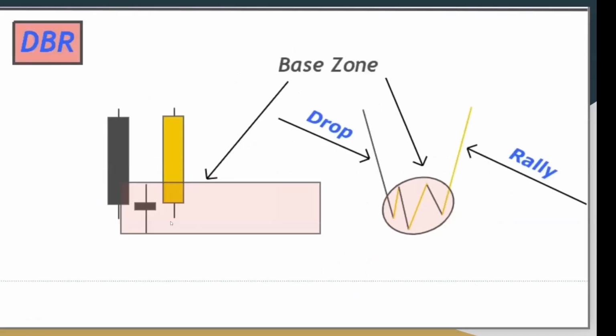And then there's two others. So then there's drop, base, rally. In this case, there is a rally. So we already know there is an imbalance for demand areas. Not every buyer was able to get filled here. So when we have a rally, we're creating an imbalance of demand. There's going to be a lot of demand and buy orders sitting here.